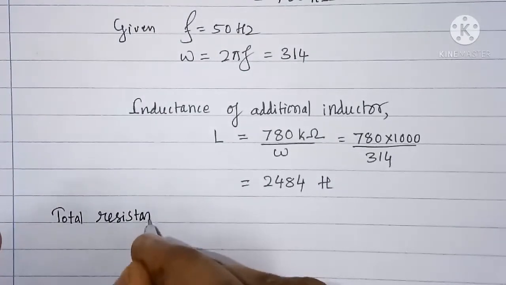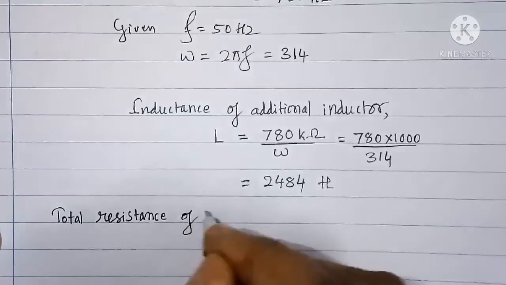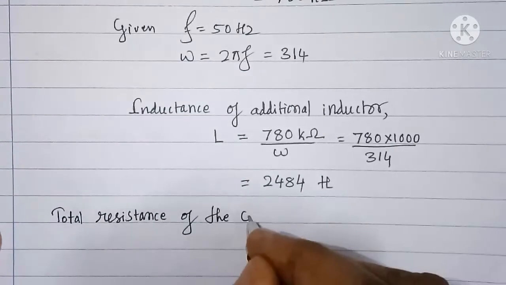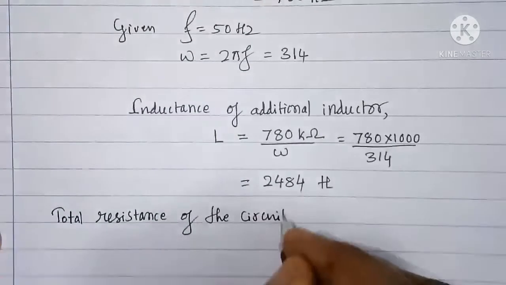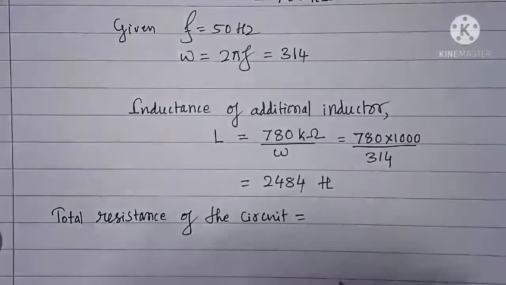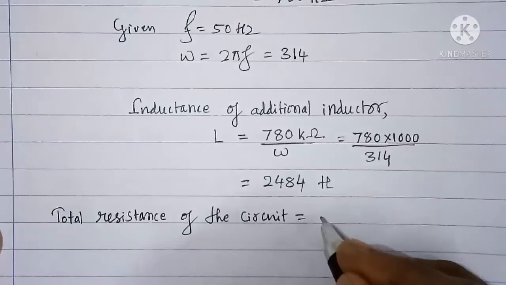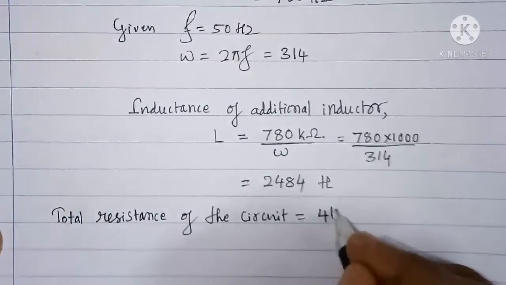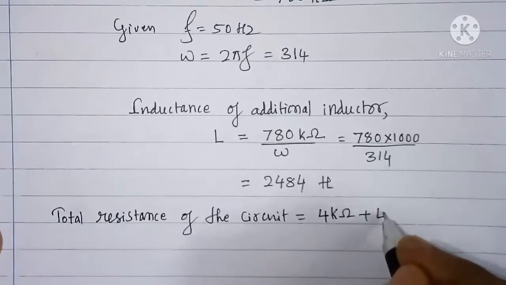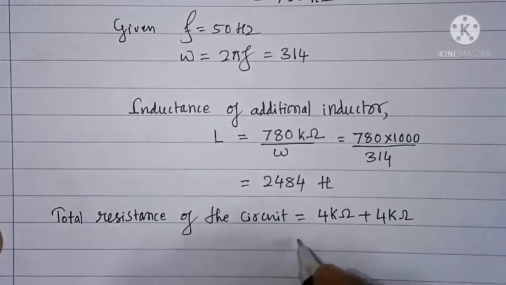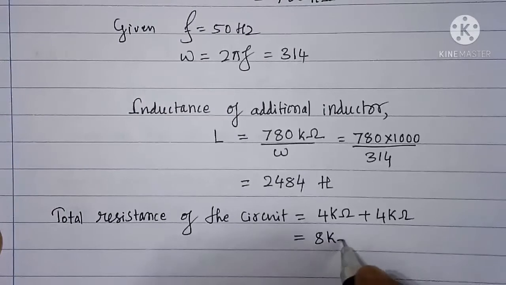Total resistance of the circuit is the resistance of transformer and the resistance of additional inductor, that is 4 kilo ohm plus 4 kilo ohm equal to 8 kilo ohm.